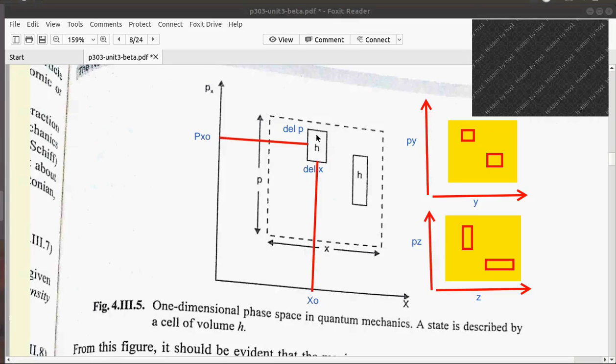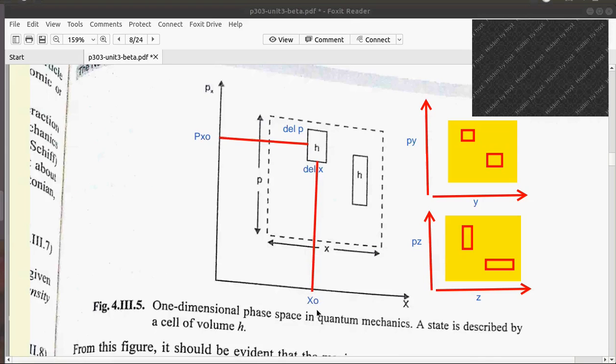Now since h is a non-zero value, that means it will have some area. So we are showing it by a small cell. That is why, because of the quantum picture and Heisenberg's uncertainty principle, instead of a point, you will have to consider a rectangle or a cell to describe the state of the particle.